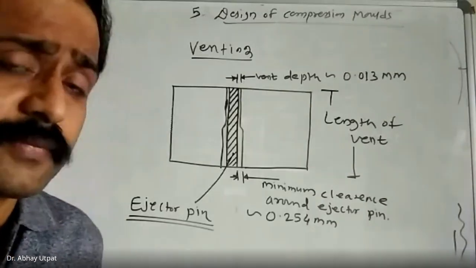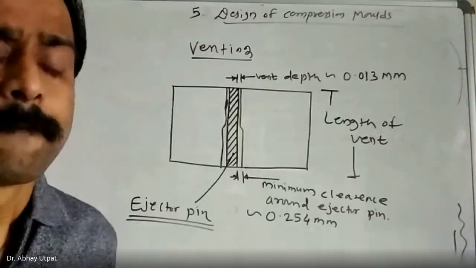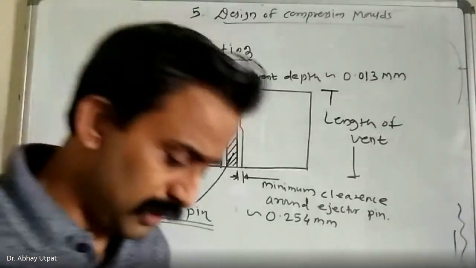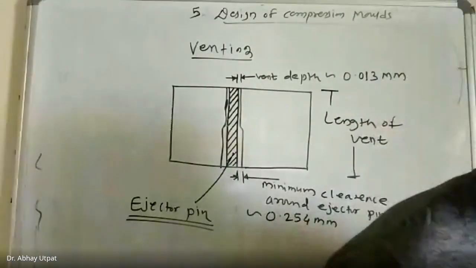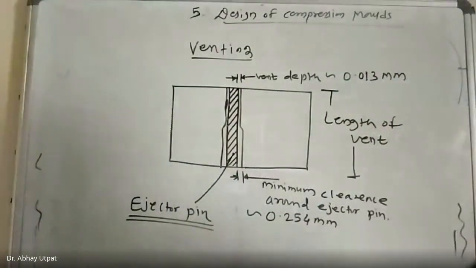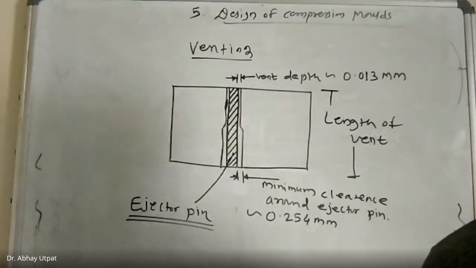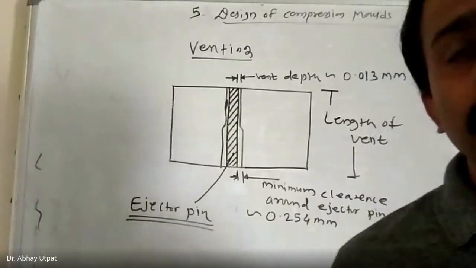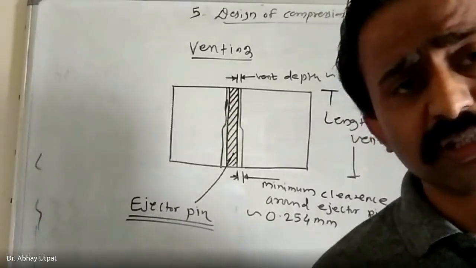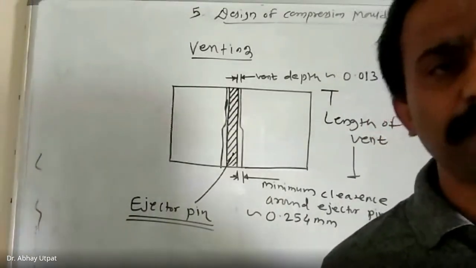Here, I want to concentrate on one thing. Whenever a compression mold is designed, the upper half and lower half are heated with the help of some means like steam or oil. The most efficient heating is usually given by steam.